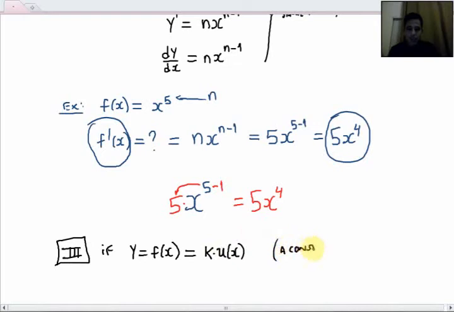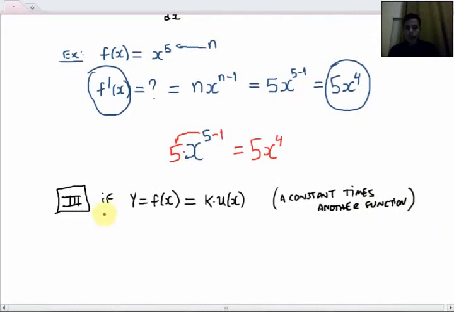A constant times another function. Then guess what? The derivative is, you repeat the constant, but then you take the derivative of that function there.